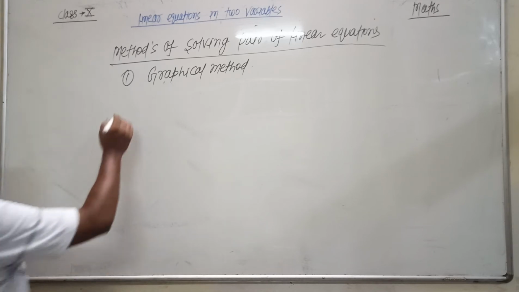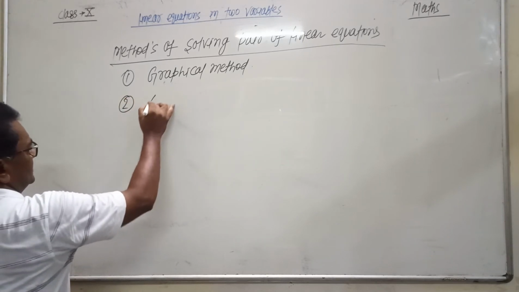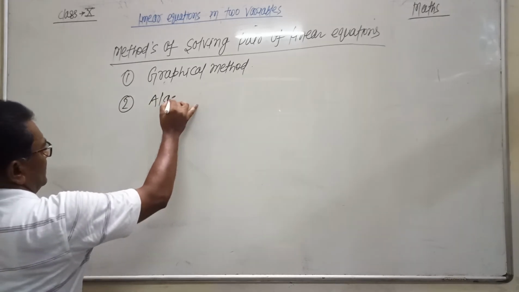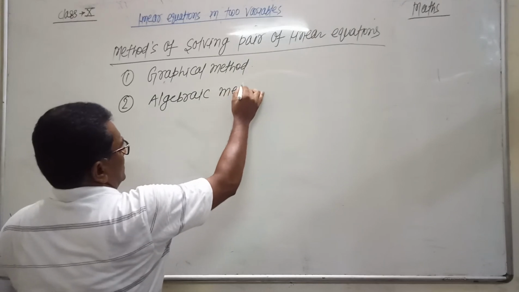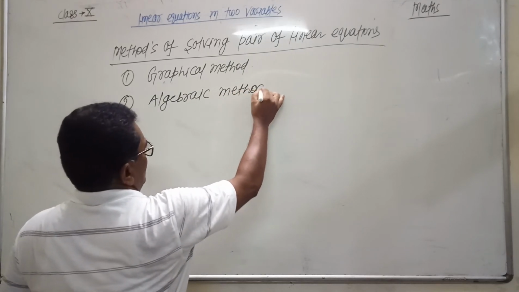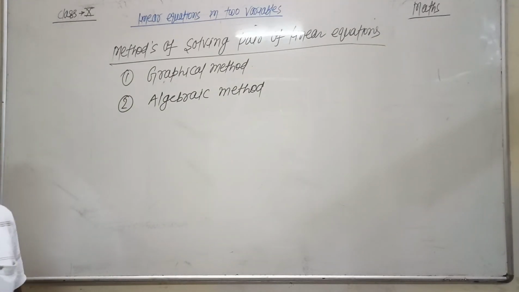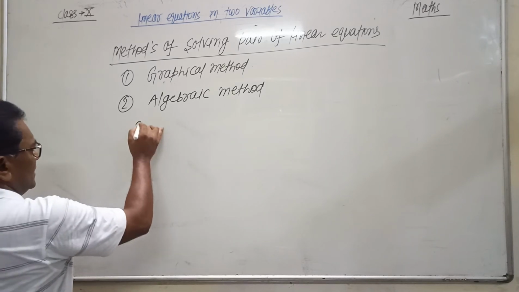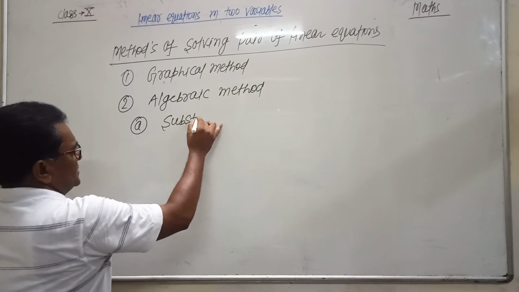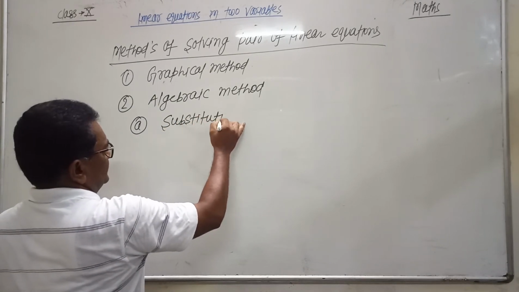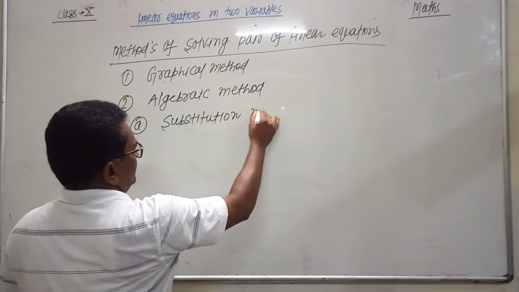Second is the algebraic method to solve the pair of linear equations. In the algebraic method, there are three methods. First is called the substitution method.